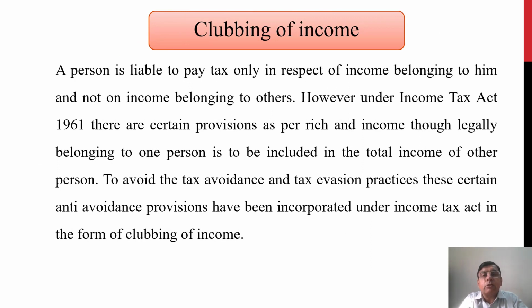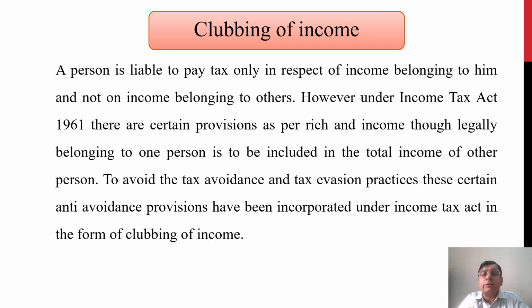A person is liable to pay tax only on the income earned by that person in the relevant previous year. Generally, the person pays tax on the income which belongs to that particular person. However, under the Income Tax Act 1961, there are some provisions in which the income of one person is to be included into the total income of another person.